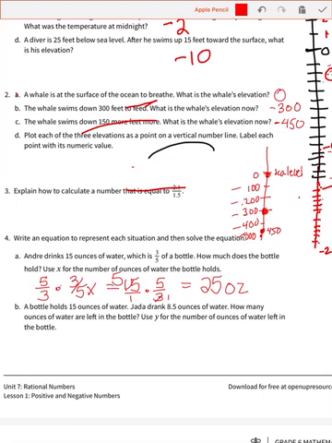And for B, a bottle holds 15 ounces of water. Jada drinks 8.5 ounces of water. How many ounces of water are left in the bottle? Use Y for the number of ounces of water left in the bottle. So Y plus 8.5 equals 15.